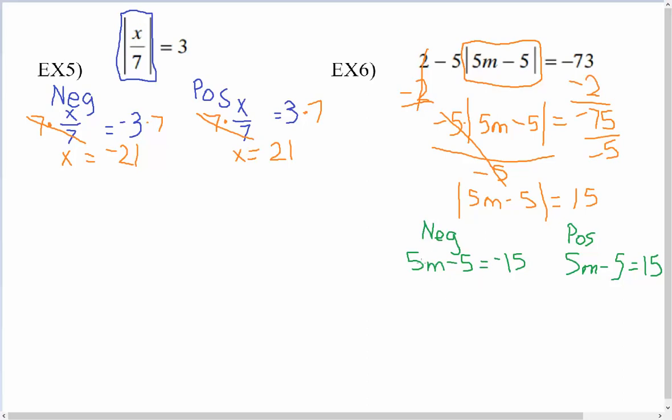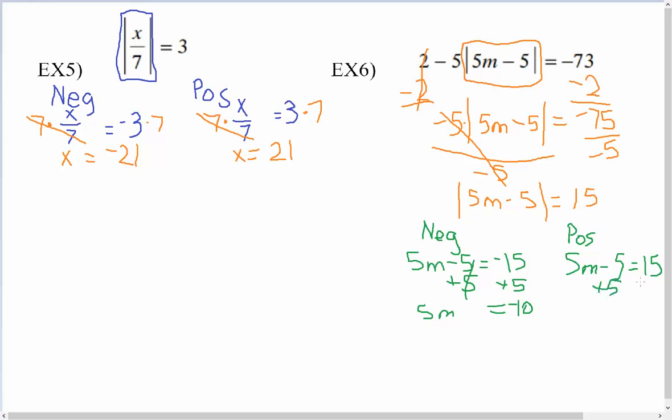So, at this point, this is a two-step equation. We have the constant of minus 5. We need to add 5. So 5m equals negative 10. And coming over here, it's still the exact same.